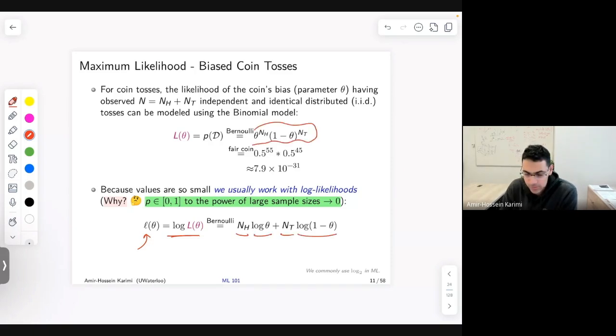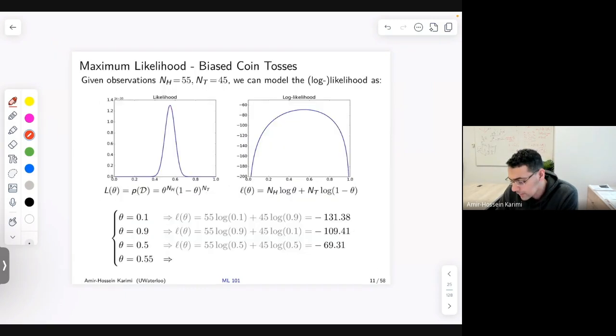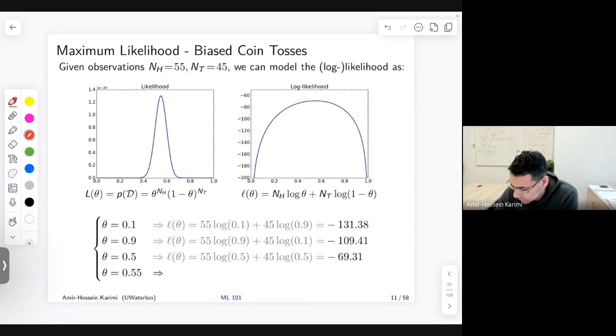So I'm applying log to this expression up here. Given the observations that I have, again, what were my observations? I had 55 heads and I had 45 tails. Given the observations that we have, we can now plot out the values of the likelihood and the log likelihood. These two are just the same. I've just applied log on it.